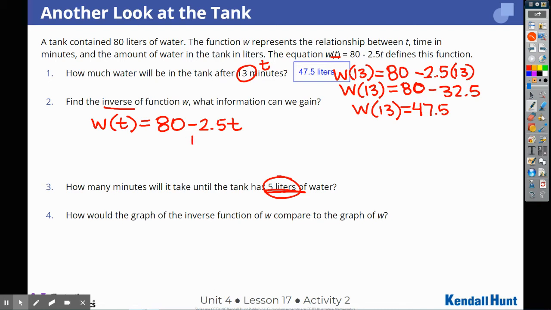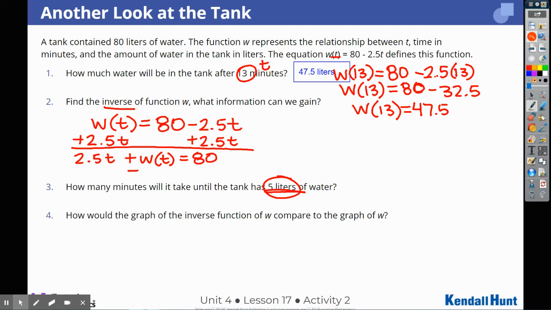So I'm going to add 2.5 t to both sides. And that will give me 2.5 t plus W of t equals 80. Okay, and that way it keeps my t variable positive instead of negative.